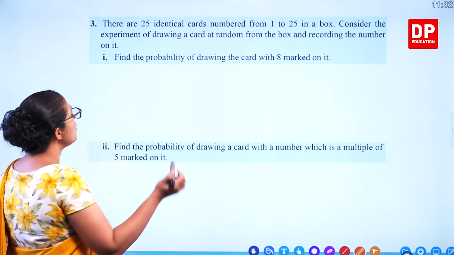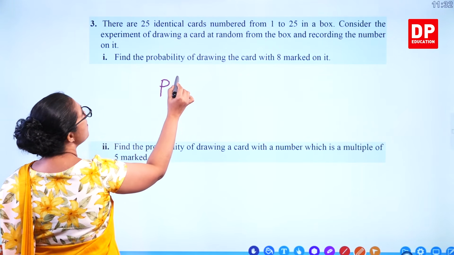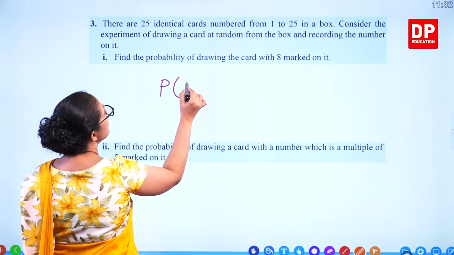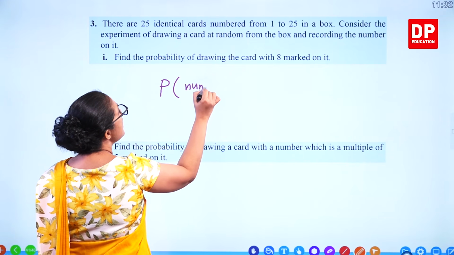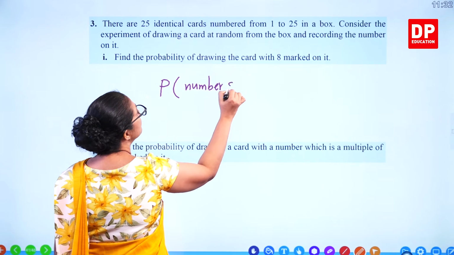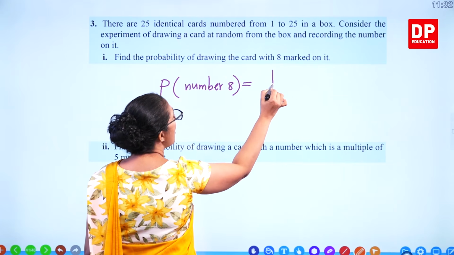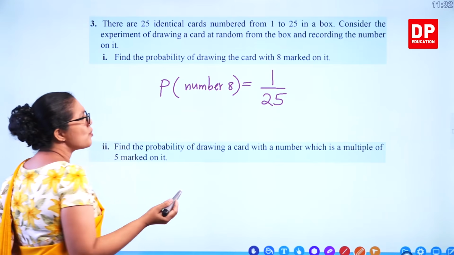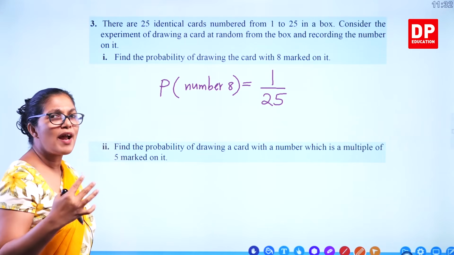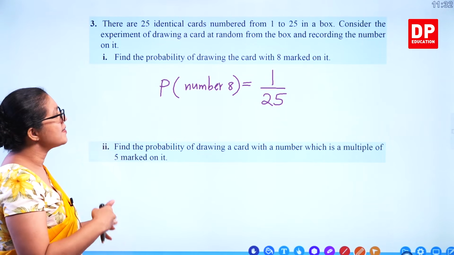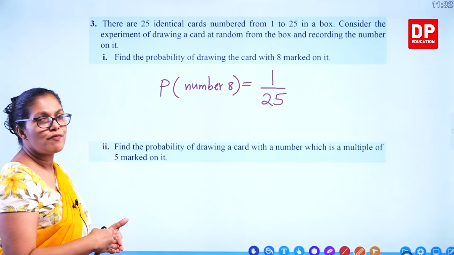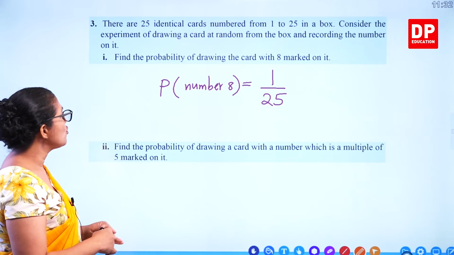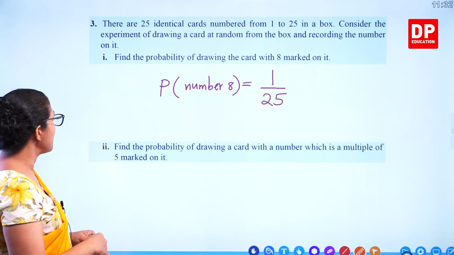So straight away you can write down the probability of getting number 8 is 1 card out of 25 cards. 1 over 25. So you don't need to write down the sample space and everything, number of outcomes. Straight away you should be able to write down the probability.